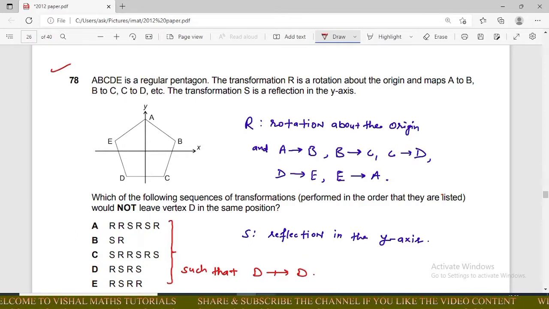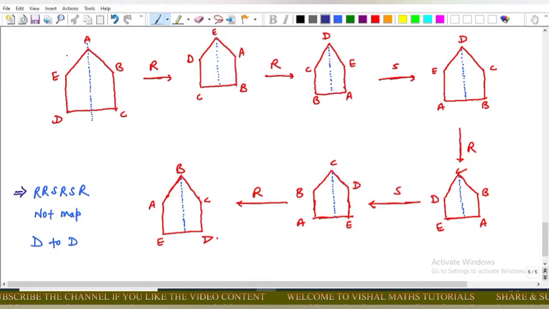Okay, so for this question, this is our original figure, and in this figure if we apply R, a rotation about the origin with A to B, B to C, and so on, this gives us this figure. Now in this figure if we apply R again, that is A to B, B to C, and C to D, and so on, this will give the third figure.